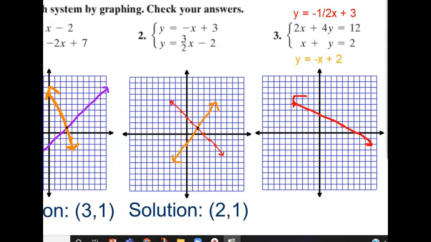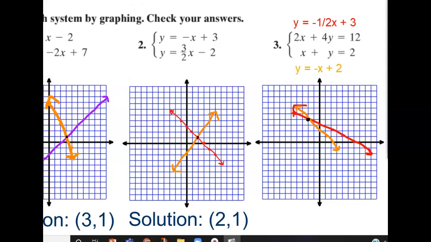For your second line, you would also plot that positive 2, do your negative slope, connect your points, and once again, my two graphs intersect, this time in quadrant 2. So their solution would be (-2, 4).